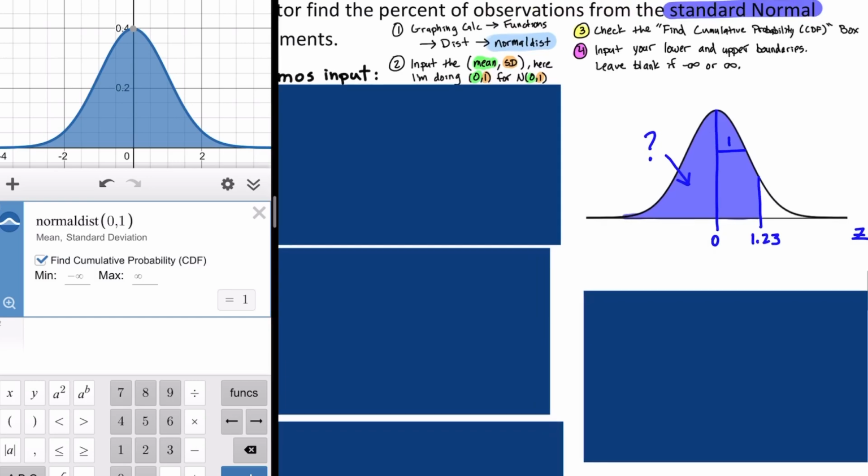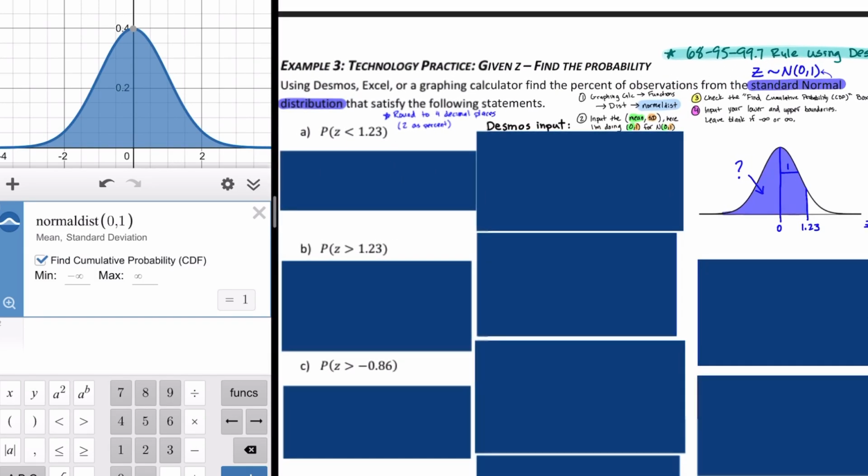So there's our 1.23. Over here on my calculator, I'm going to go from negative infinity, because it's going all the way less than. So I want to go all the way to the smallest numbers ever, because it's less than 1.23. My biggest is 1.23, so I'm going to type in 1.23. And notice when I do, the shading changes with it, and it goes from negative infinity all the way up to 1.23, and I get 0.89065.